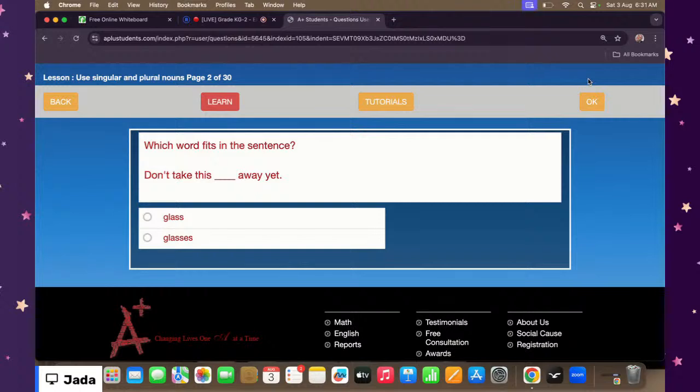Don't take this dash away yet. Don't take this glass or glasses. Which one? Write the answer. Send it to me. What is your answer here?